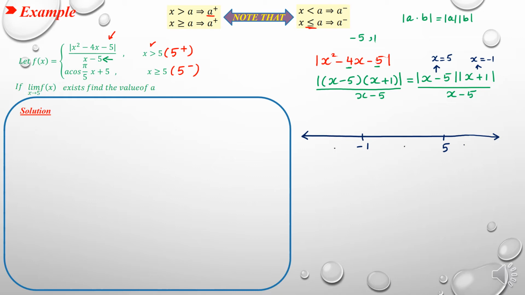Let's take the first interval here, x greater than 5, because our interval is x greater than 5, and the function works in this interval. So what you need is to find the function when x is greater than 5, and there's no need for the other intervals. So you take a point in this interval, any number greater than 5, like 6, 7, whatever. It's up to you.